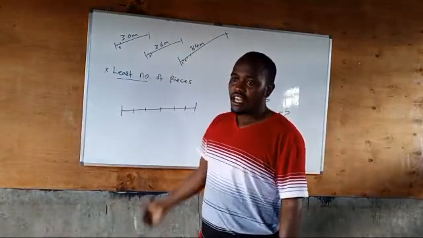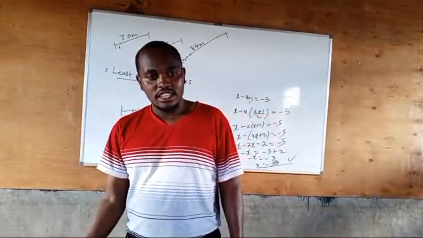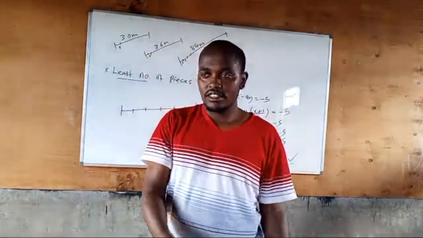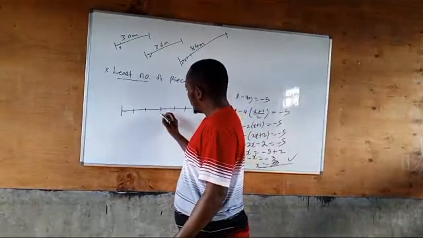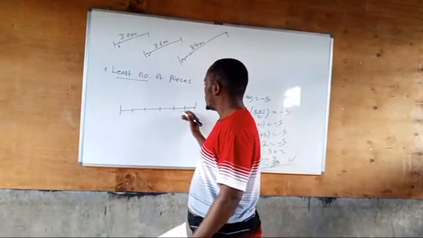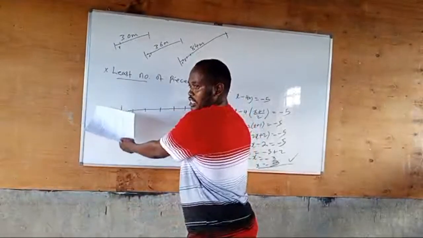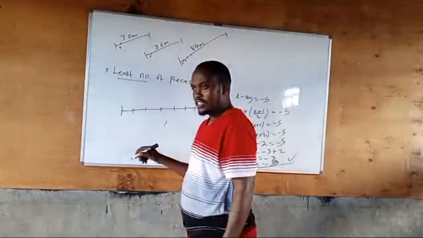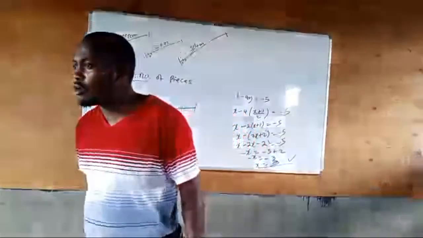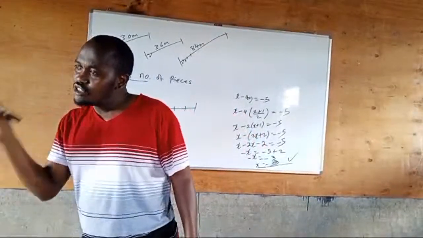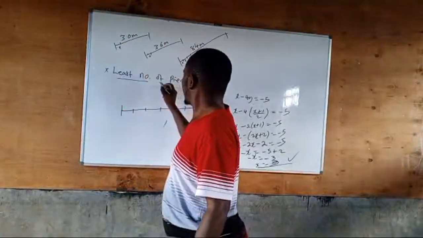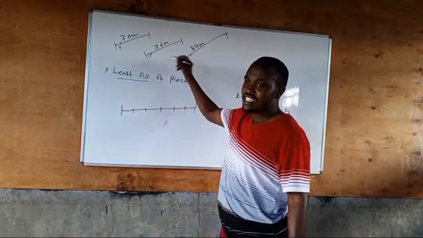Ndio mtu apate the largest share, I need to divide by the smallest number. Sindio? For example, sijui watoto ni wangapi, lakini ndio mtu apate ile kubwa, so I divide by 1. If I want them wapate kidogo sana, I divide by 20. So I need to divide by the greatest number. So to get the least number of pieces here, you divide by the GCD.